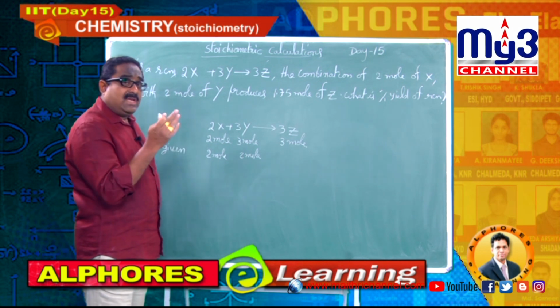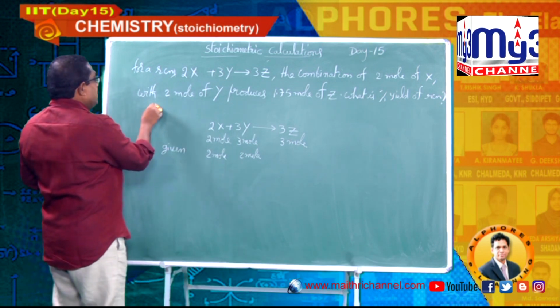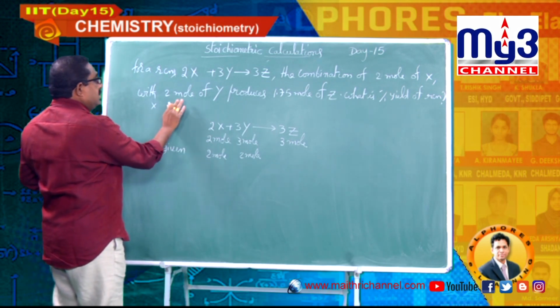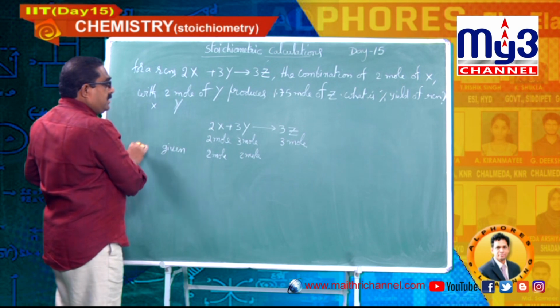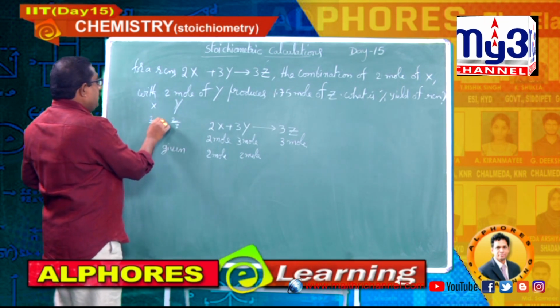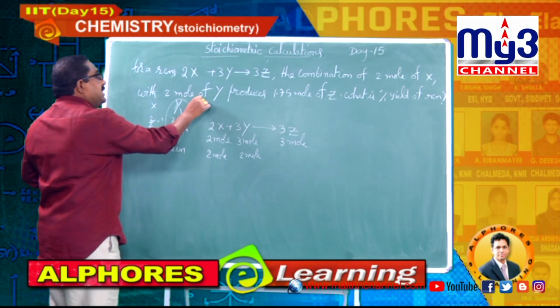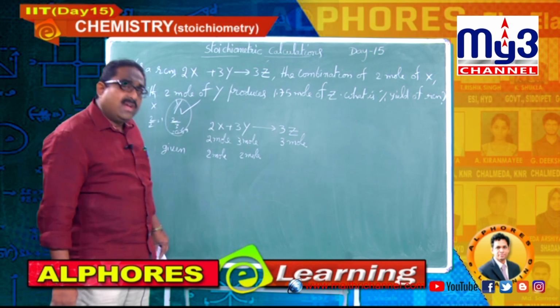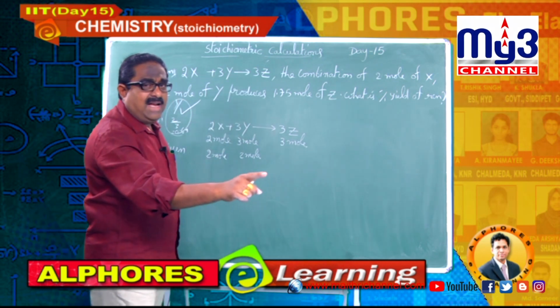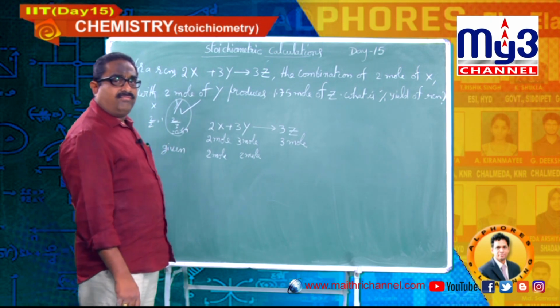There is an approach, given moles by stoichiometric moles. For X and Y I am doing here 2 by 2, 2 by 3. This is 1, this is 0.67. So this has least value, so you should fix Y as limiting reagent.